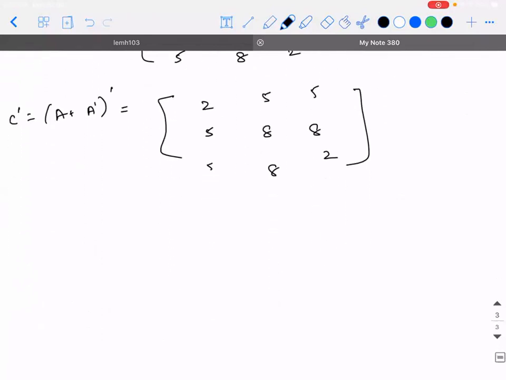Now, similarly, if you take the difference, I mean, subtract the transpose from the given matrix, A minus A transpose.